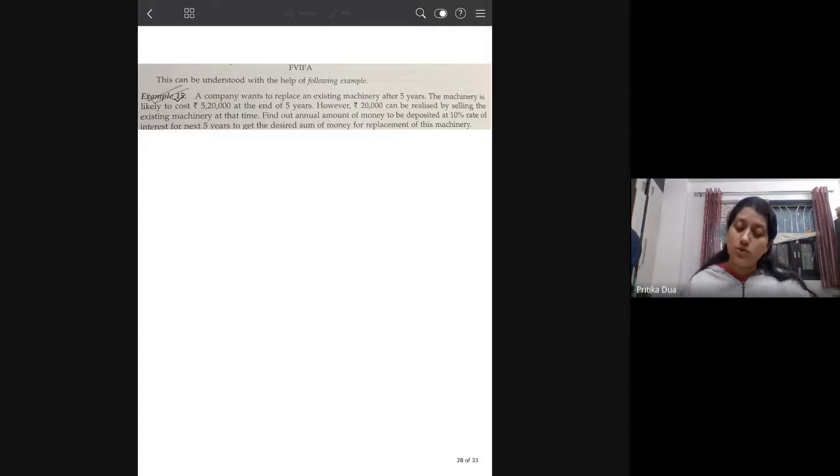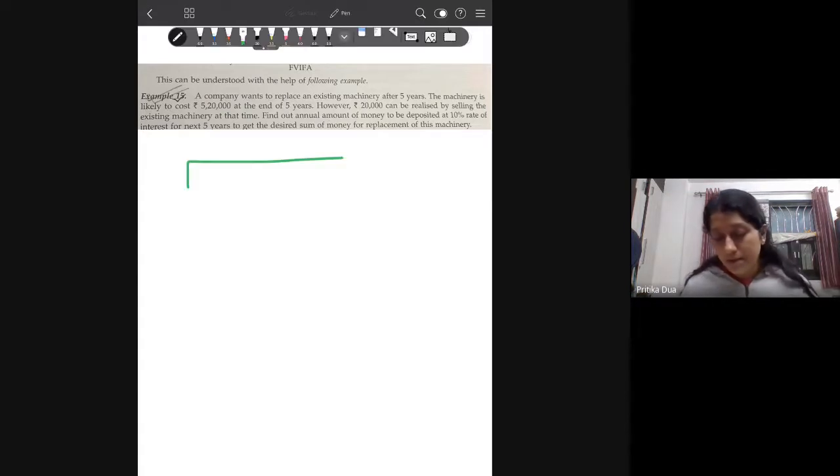A company wants to replace an existing machine after 5 years. The machine is likely to cost 5,20,000 at the end of 5 years. However, 20,000 can be realized by selling the existing machine at that time. Find out the annual amount that needs to be deposited at 10% rate of interest for the next 5 years to get the desired sum of money for replacement of the machine.